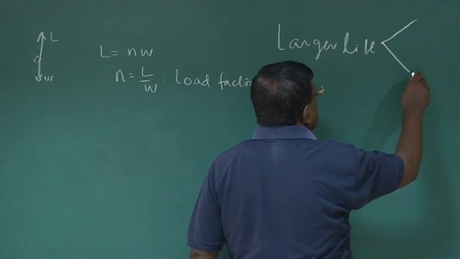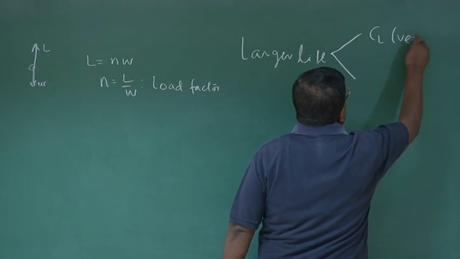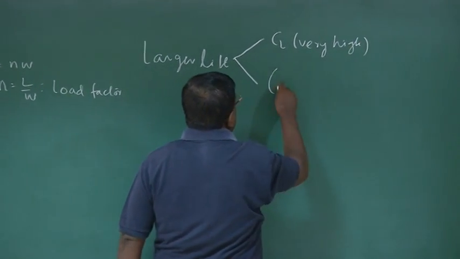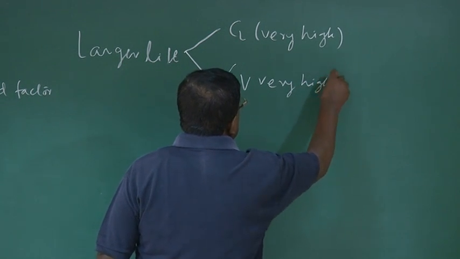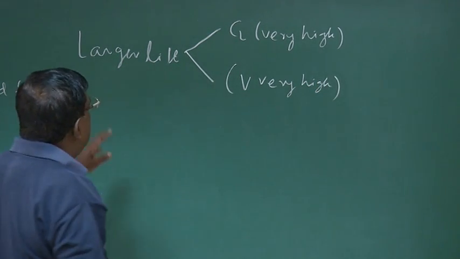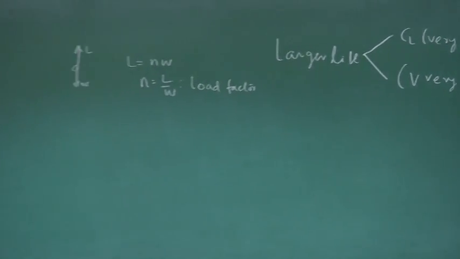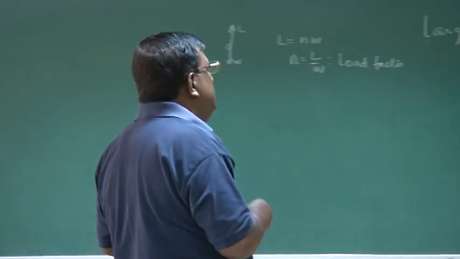One is I need to have CL very high, or I have velocity very high. Of course, when I am talking about this, I am assuming that the weight and the altitude are fixed, for a given weight and altitude, right?